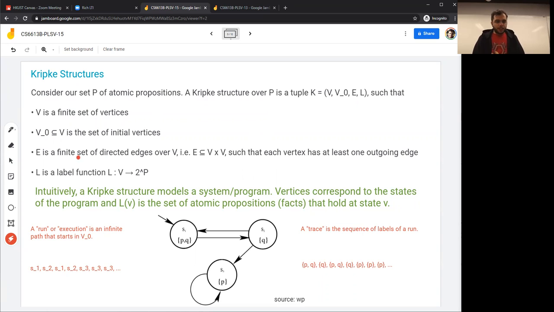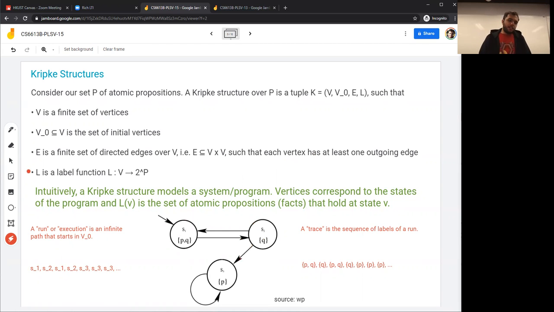And also with this condition that there should be at least one edge going out of every vertex. So every vertex has at least one outgoing edge. You can think of a Kripke structure as a transition system, basically. These are the different states of your system, and you can transition between them. And because we don't want to have finite paths, we are always saying that each vertex has at least one outgoing edge. This is similar to the case of games.